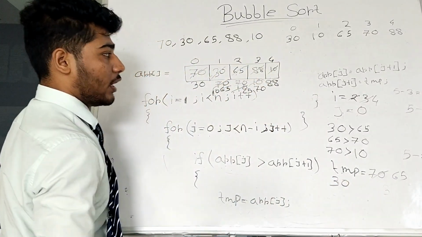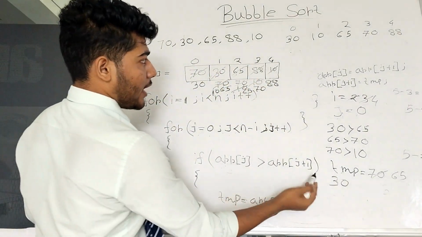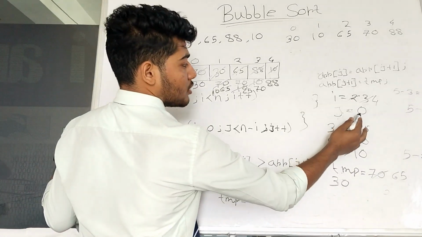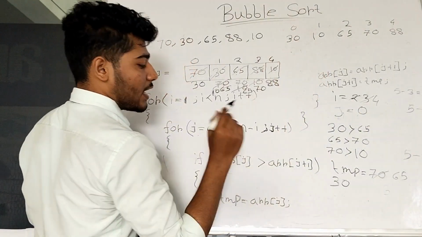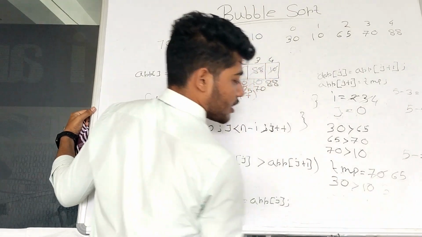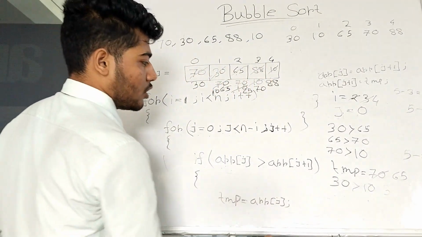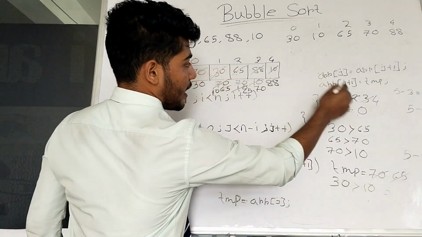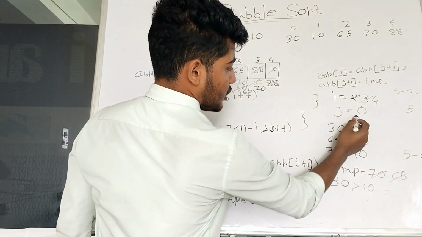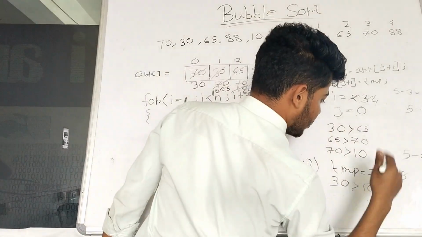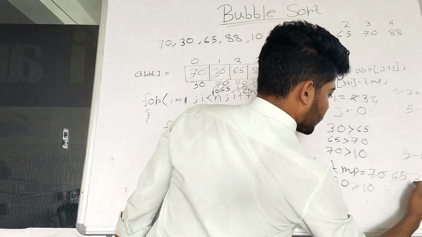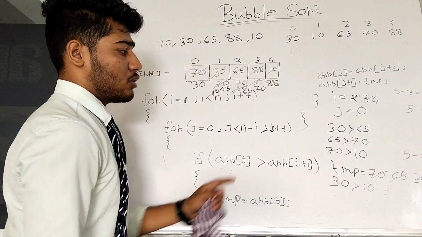arr[0] value is 30 greater than arr[j+1]. arr[j+1] is arr[0+1], arr[1], meaning 10. So 30 greater than 10, it's true. So it will interchange. So the tmp value will be arr[j], arr[0], meaning 30. tmp equals 30.